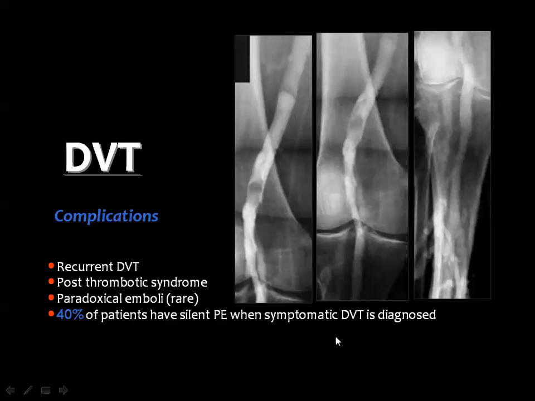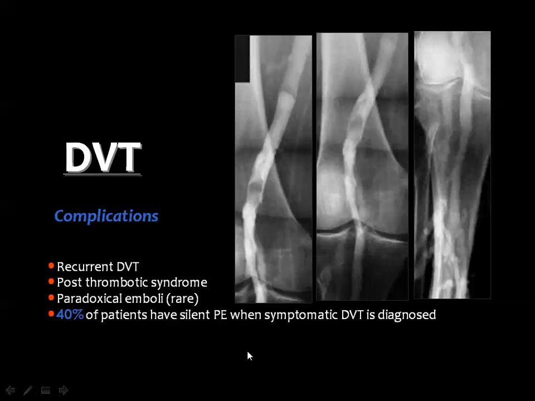Sometimes we get what we call the post-thrombotic manifestations, which will result in irregularity of the vein itself and residual filling defects, and of course destruction of most of the valves in the involved area.